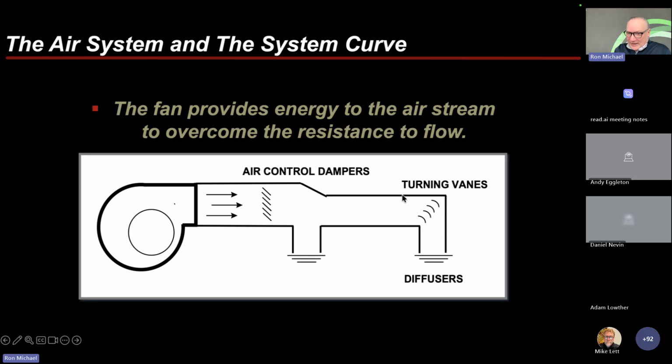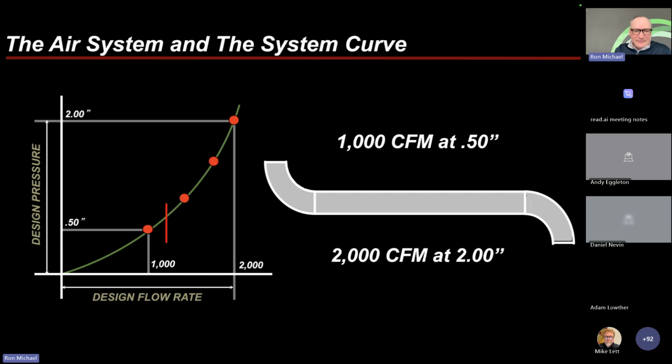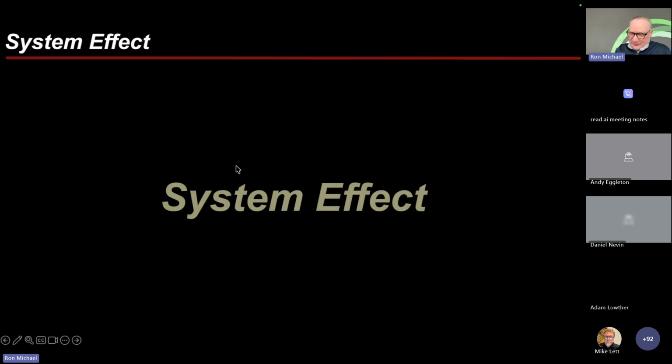Whether it's a duct component with a turning vane, a damper, the fan, the diffuser. I can guarantee you every diffuser or GRD was tested with a laminar drop in, and that will affect how well that GRD works. Okay, and again, that's all followed by a system curve.